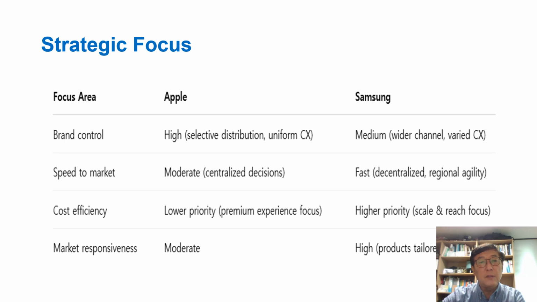Because Apple has centralized decisions, while Samsung is decentralized with regional agility. Cost efficiency is a lower priority for Apple, with a premium experience focus, and a high priority for Samsung, with a scale focus. Market responsiveness is moderate for Apple, and high for Samsung, with products tailored to the markets.